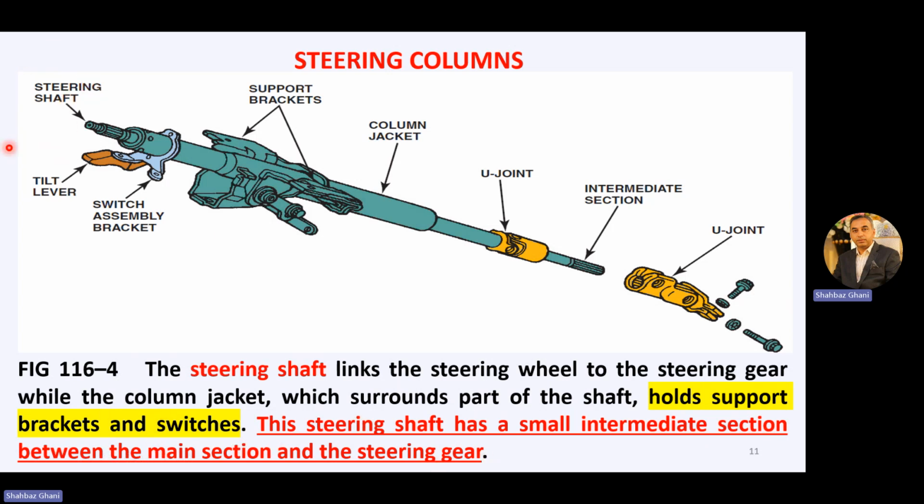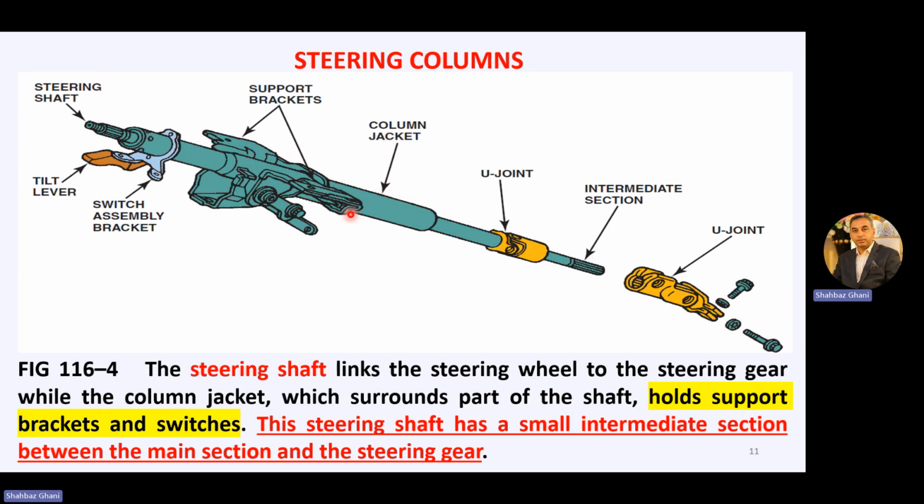Here we have a steering wheel, attached to the steering shaft. On this steering shaft, we have a tilt lever, and the function of this tilt lever is that we can move the steering wheel up and down. Then we have the switch assembly bracket, on which switches are mounted. Then this steering shaft is mounted with a support bracket which is attached to the body of the vehicle.